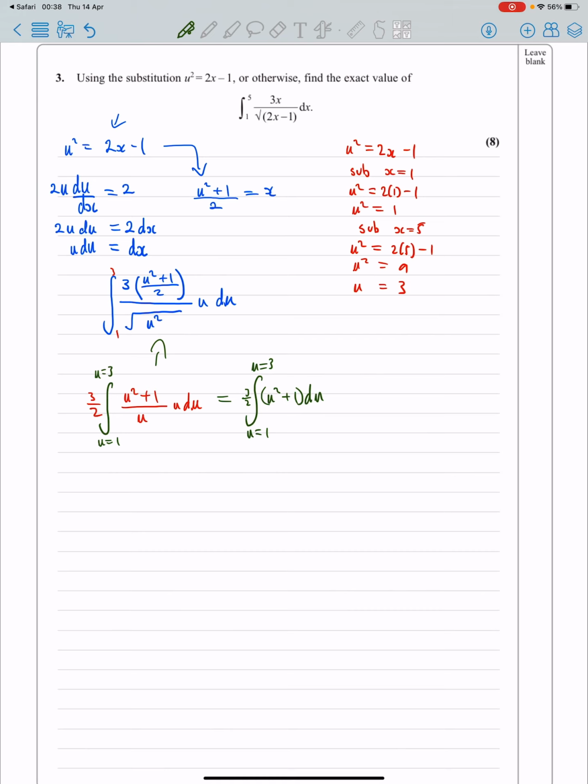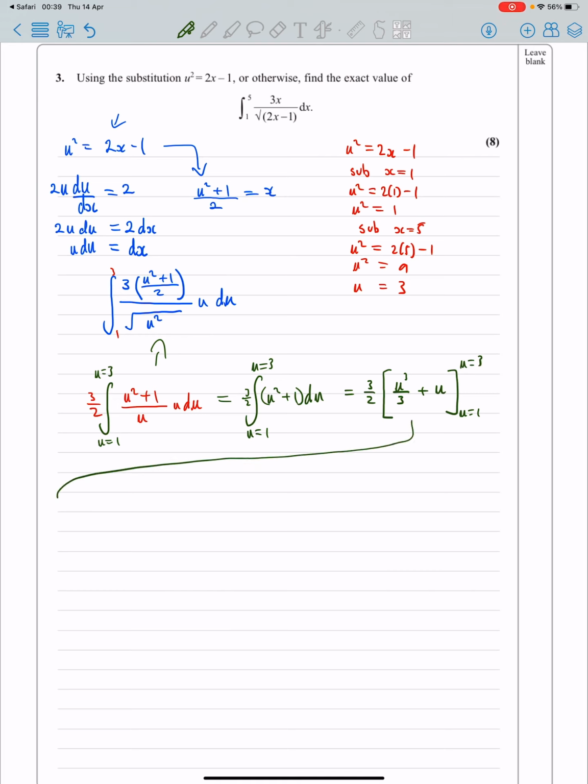Now it's a nice simple integral that we can perform. So that's 3 over 2 bracket. The u squared integrates to u cubed over 3, and the 1 integrates to u. And we, of course, have the limits u equals 1, u equals 3.